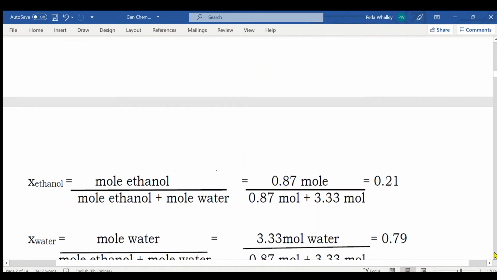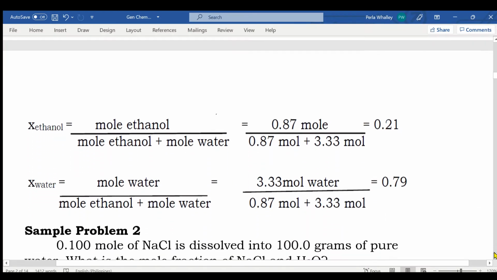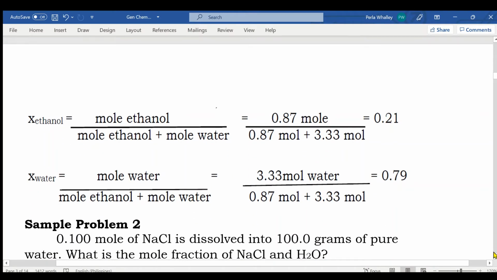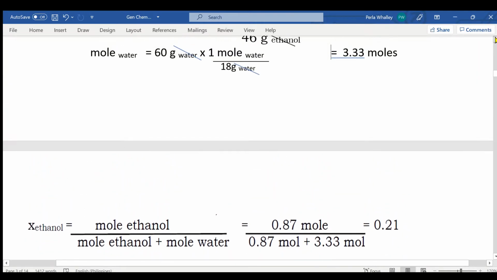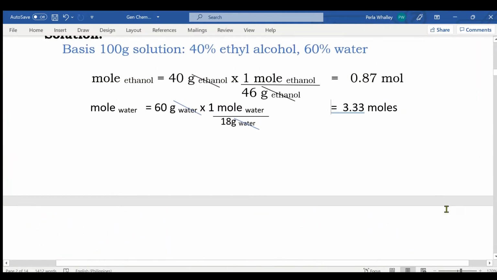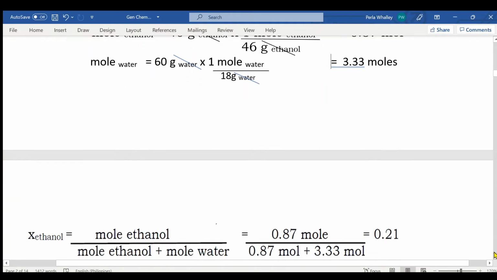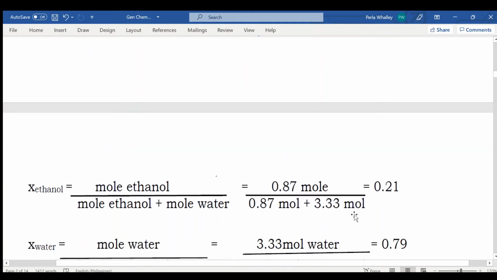So we now solve for the mole fraction. Mole fraction of ethanol would be equal to mole of ethanol, which is 0.87 mole of ethanol, and 3.33 moles of water. Okay, mole ethanol, mole water.